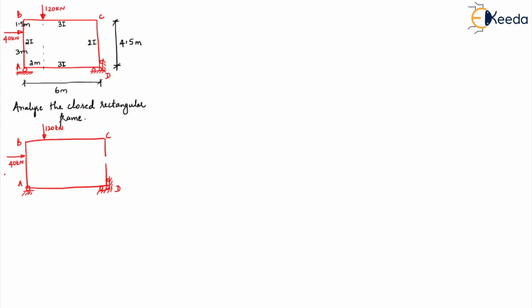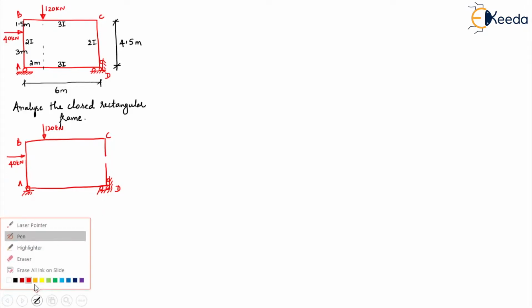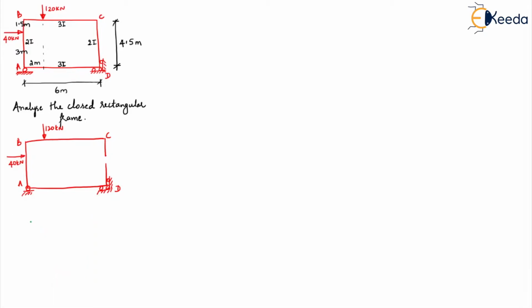We shall draw the free bending moment diagram. I'll change the color. So we are now drawing the free bending moment diagram. This is the original closed frame.